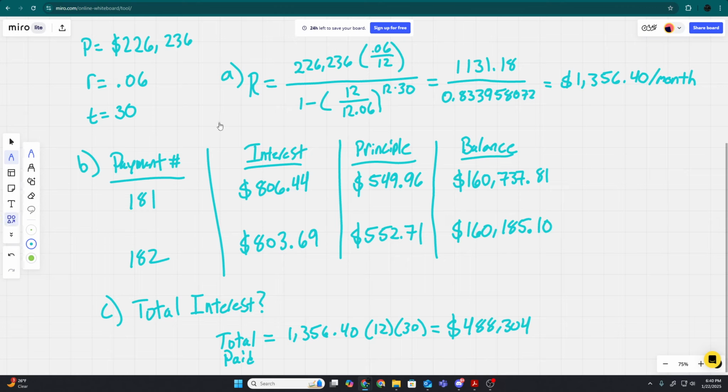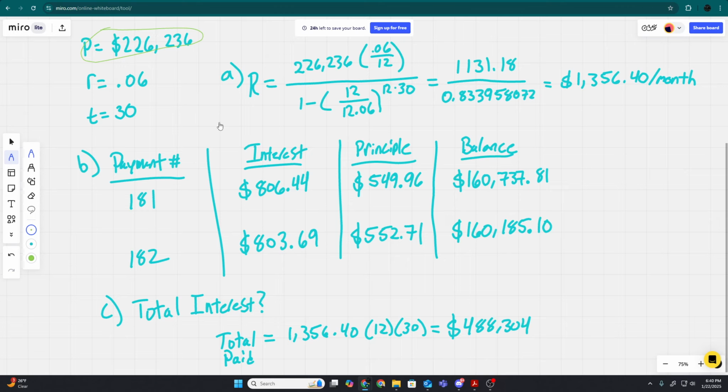Now the interest will be this total minus what we borrowed. If we look in the beginning here, we have an original balance. This is how much we borrowed in the beginning. This is getting paid off to zero through the whole cost of the loan, but this is paid back entirely plus the interest.